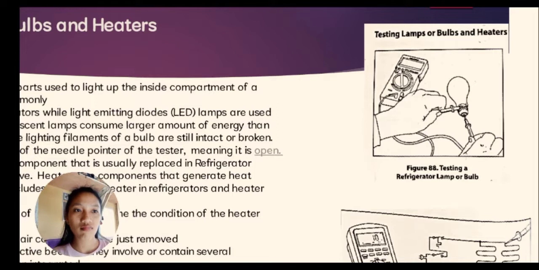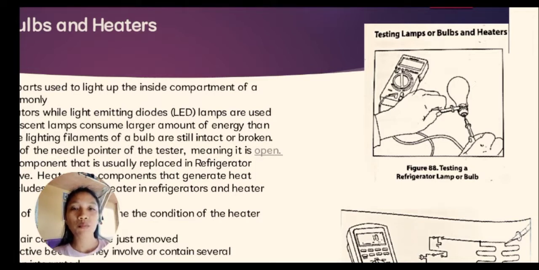Figure 88, testing refrigerator lamp or bulb. In this figure 88, the incandescent bulb drains more electricity than the LED bulb.